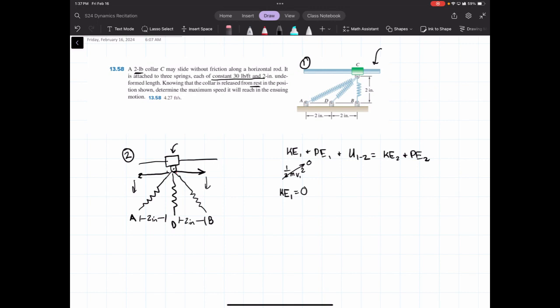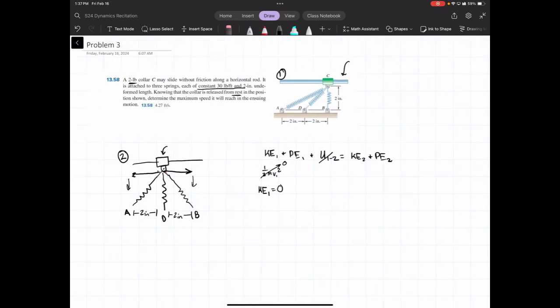So then, and we don't have any friction, so we can assume in this case that we don't have to worry about this term either. We don't have to worry about any work done externally. So we just need to find, for state 1, the potential energy. So where is our potential energy coming from in this case? The springs.